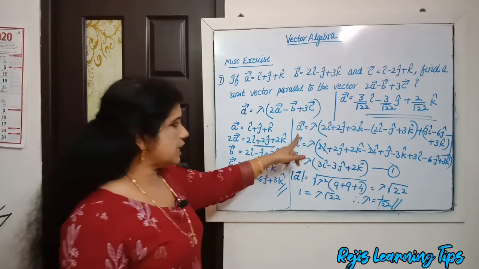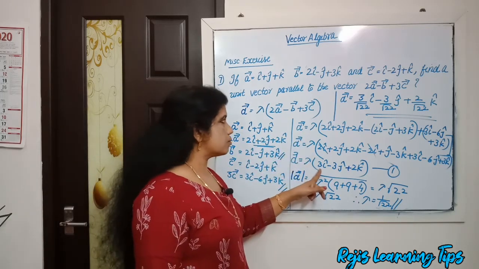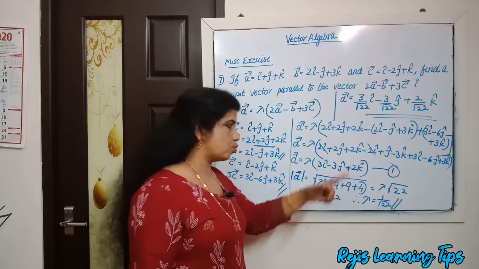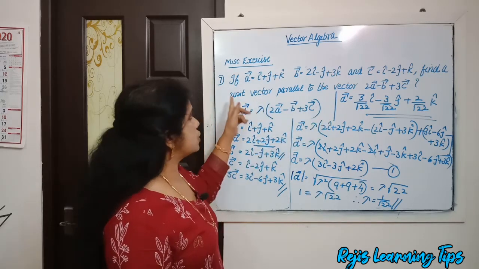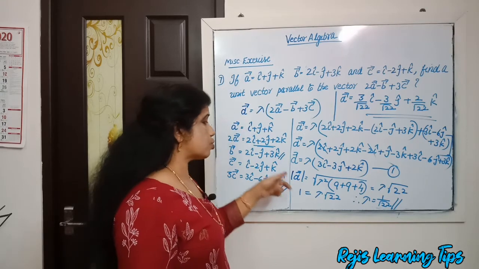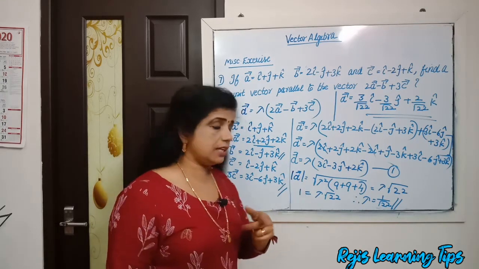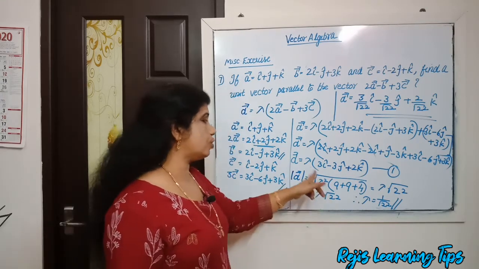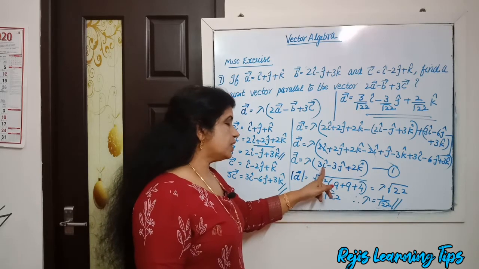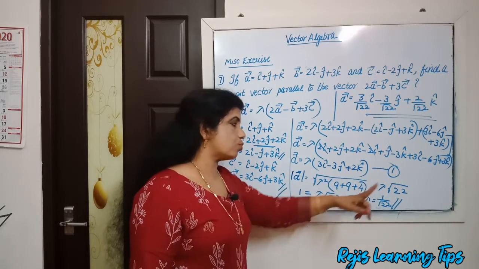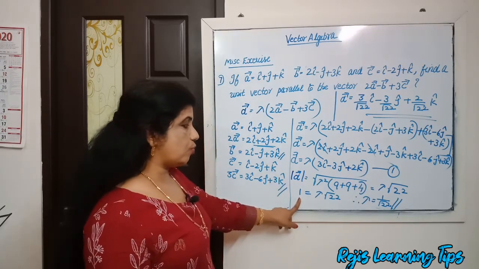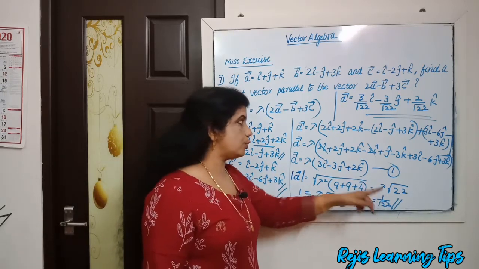Then vector D is equal to lambda times of 3i minus 3j plus 2k. The vector parallel to the given vector is a unit vector, so we find the modulus of vector D, that is root of lambda square into 3 square, means 9 plus 9 plus 4, that is lambda times root 22, equal to 1. So lambda is equal to 1 by root 22.